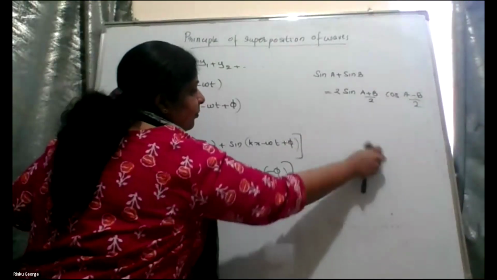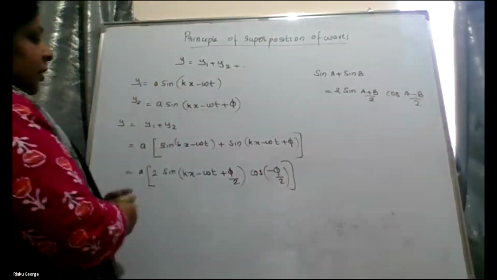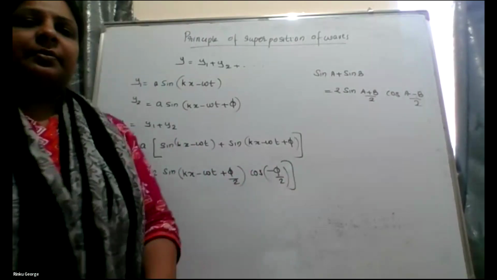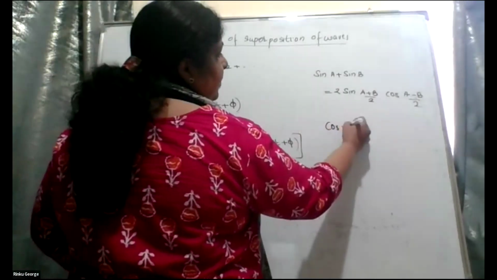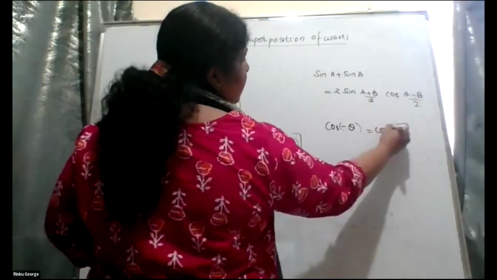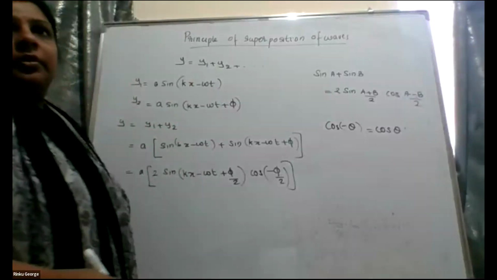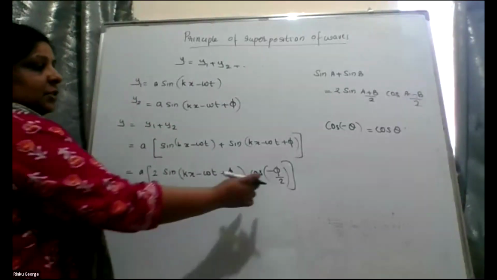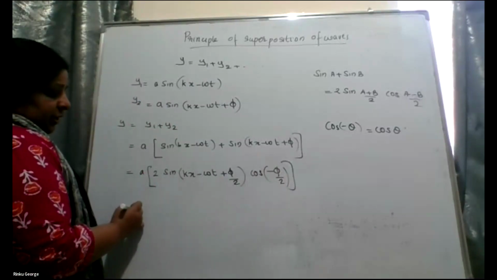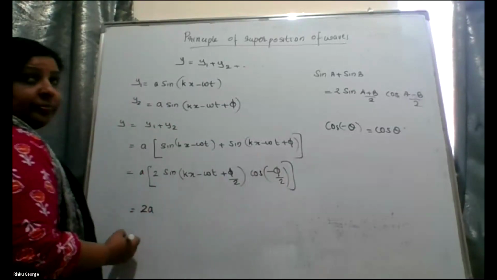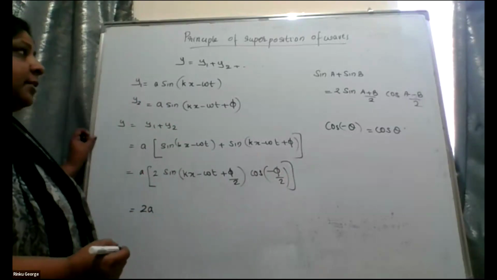Understood? Okay. Now, what is cos of minus theta? Cos of minus theta is cos theta itself. So instead of this, you can put cos theta itself. So I'm just going to rearrange it: 2a. Now listen.